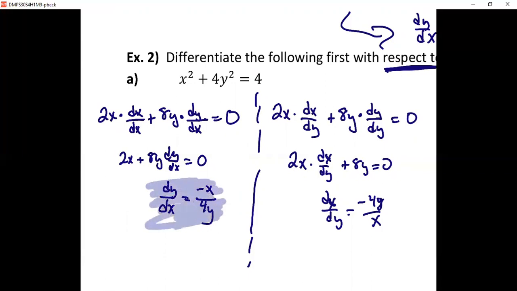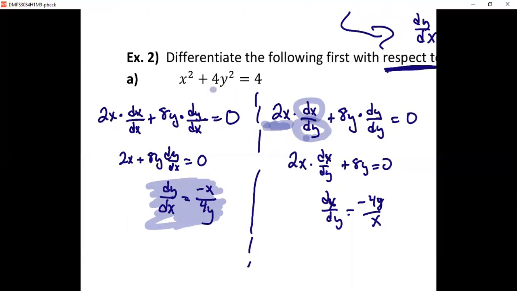So we've been doing all these derivatives with respect to x. Let's do something different. Let's find the derivative with respect to y. So once again, derivative of x squared is 2x. The chain is dx. But now we're taking the derivative with respect to y, so that differential of y is in the denominator.